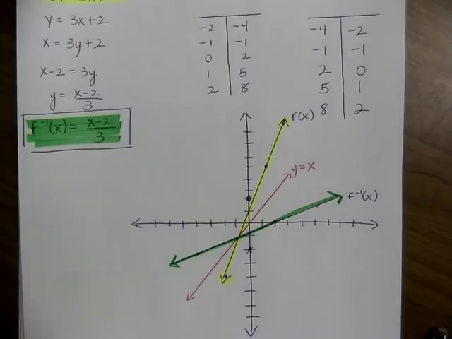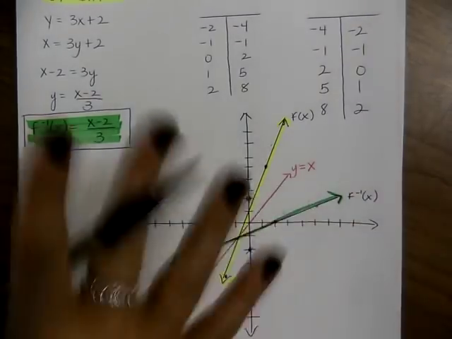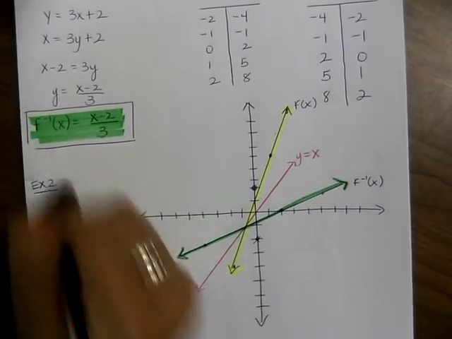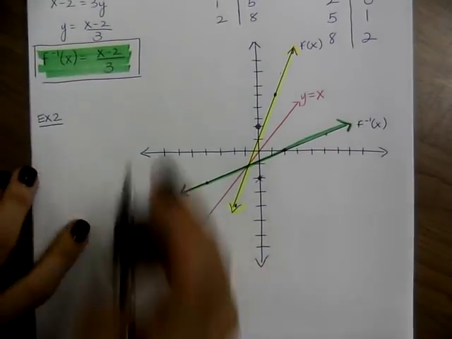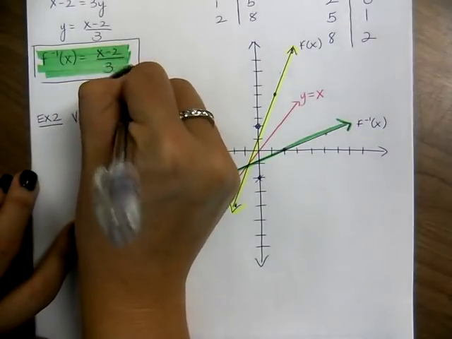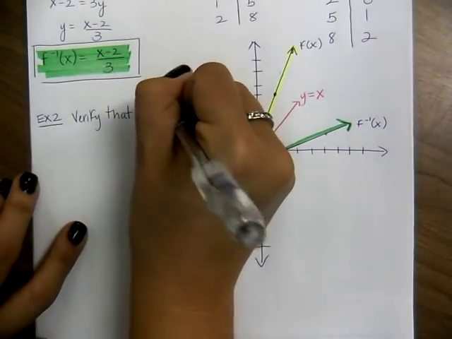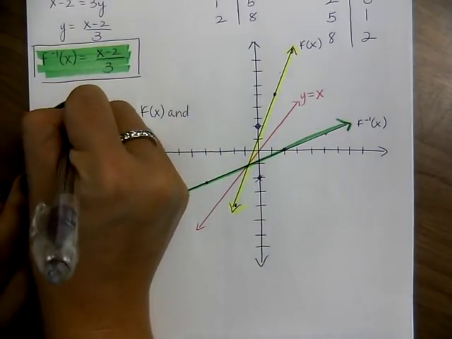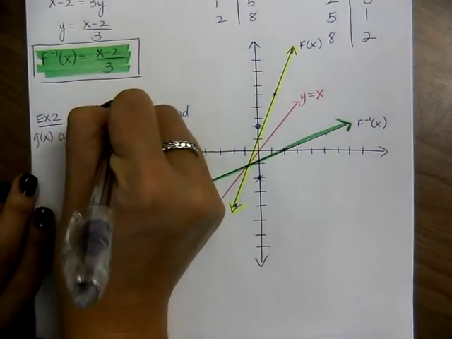All right, so now we're going to do another part of this problem. So this problem is done based on what we've been asked to do, but we're going to throw in example 2 here. And now we're going to verify that f of x and g of x are inverses of each other.